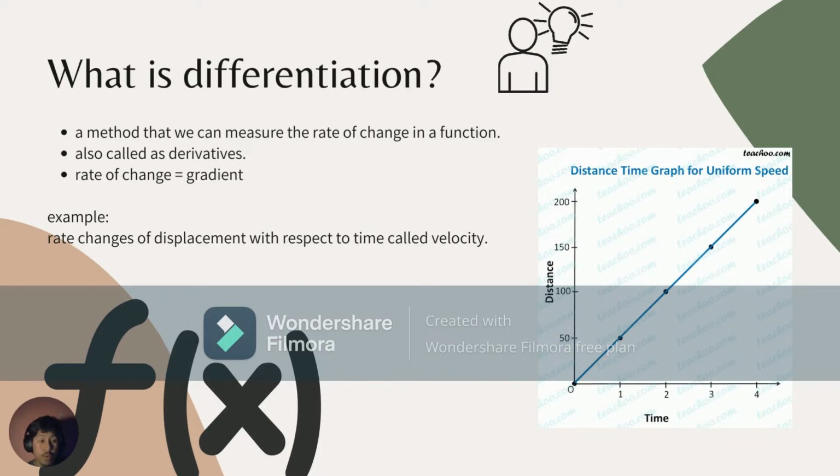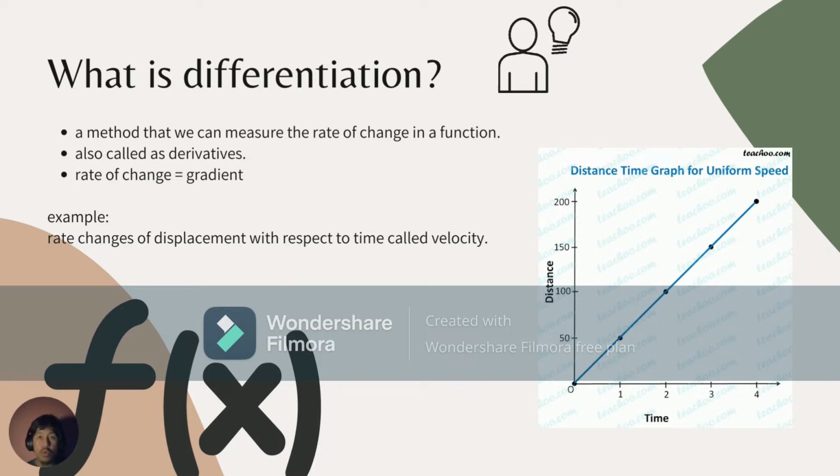The fact is, rate of change is the same as gradient in a graph. So for example here, in this graph, we can find the rate of change if we know the gradient.